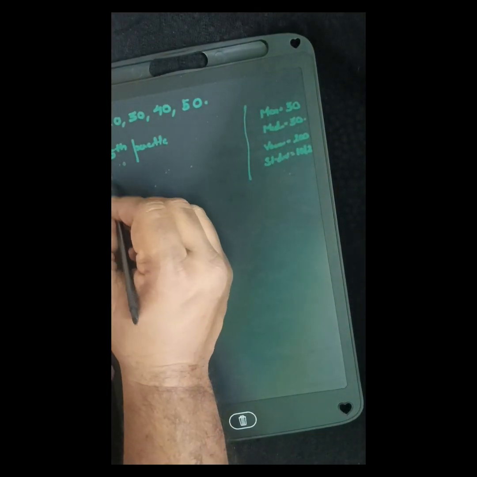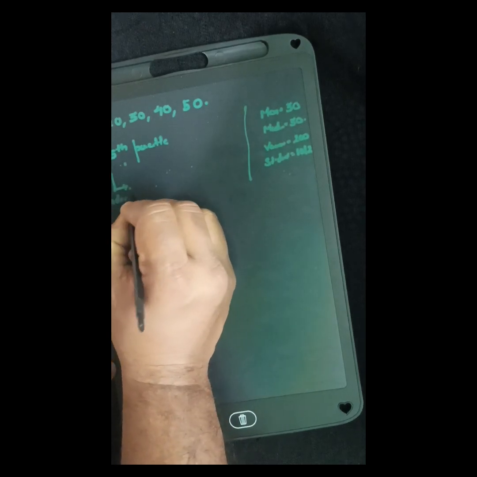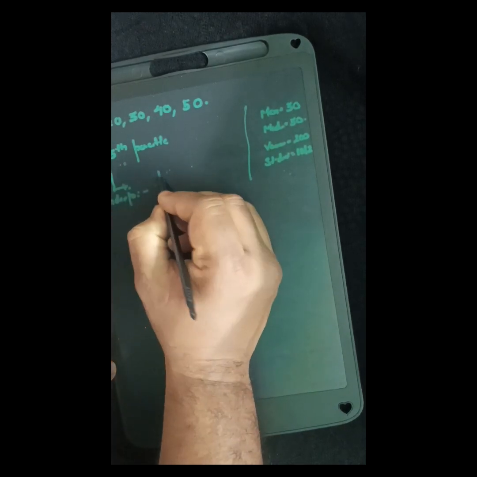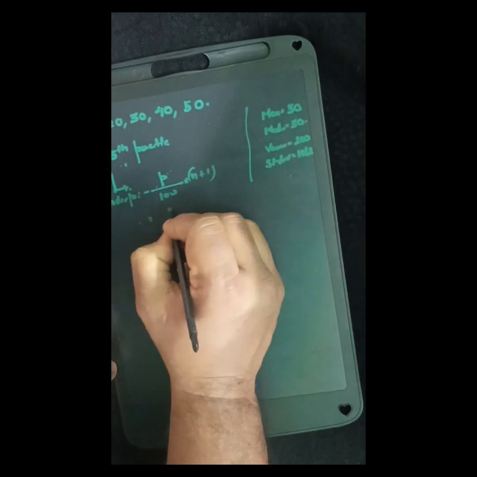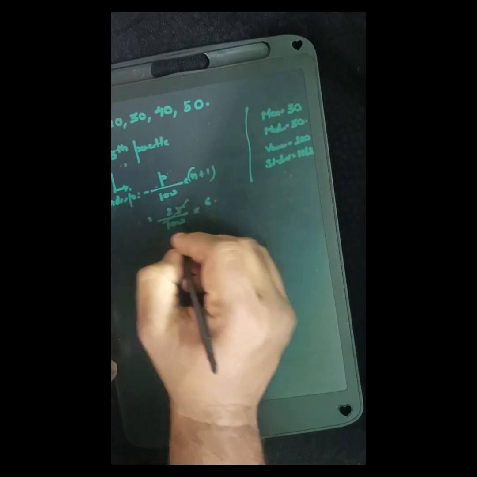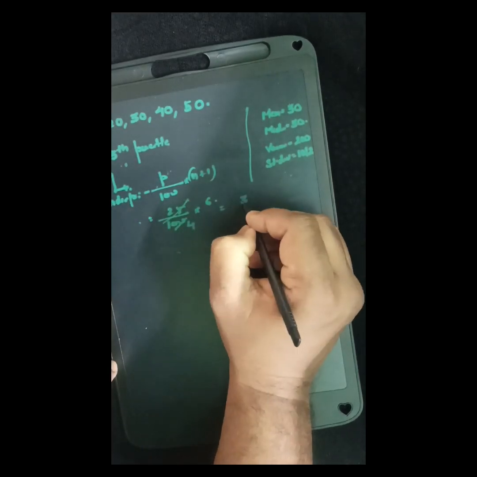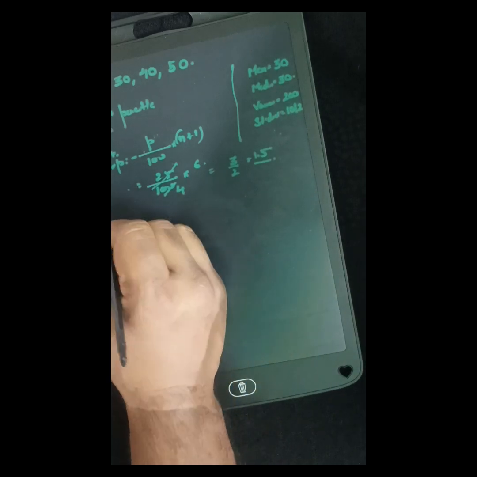Now the 25th percentile: let's find the index position of that value, which is p by 100 into n plus 1. Here p is 25, so 25 by 100 into 5 plus 1, which is 6, gives 3 by 2, which comes out to be 1.5. So what's the value?